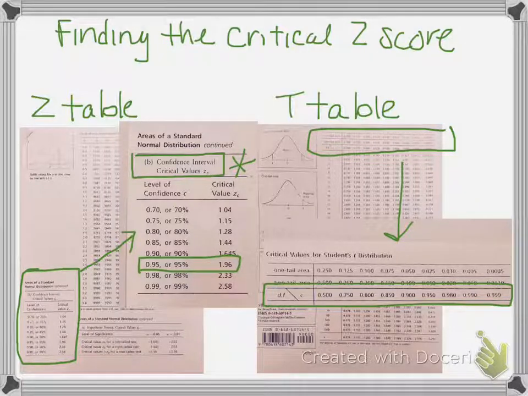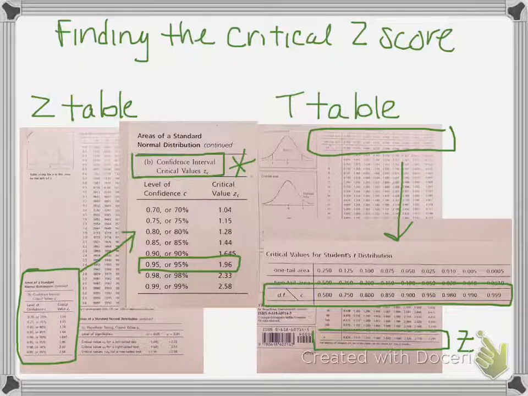As you can see, all of my confidence levels are at the top, but below you have your Z-scores. So you match your confidence percentage, and you just follow it right below to the bottom, and it will give you the confidence Z that you need.